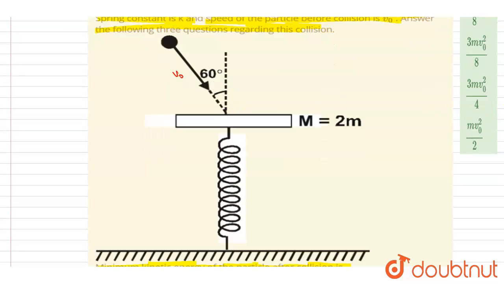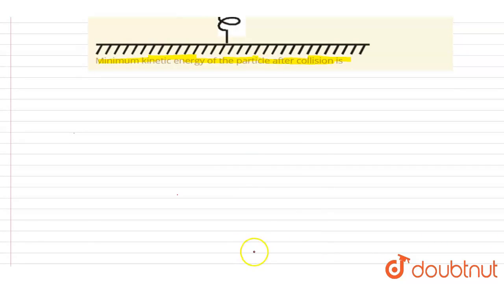So we can break this velocity into components, and I will write down. This is the velocity at an angle 60 degrees with the vertical, and this velocity is v0. So the angle with the vertical is 60 degrees, right?